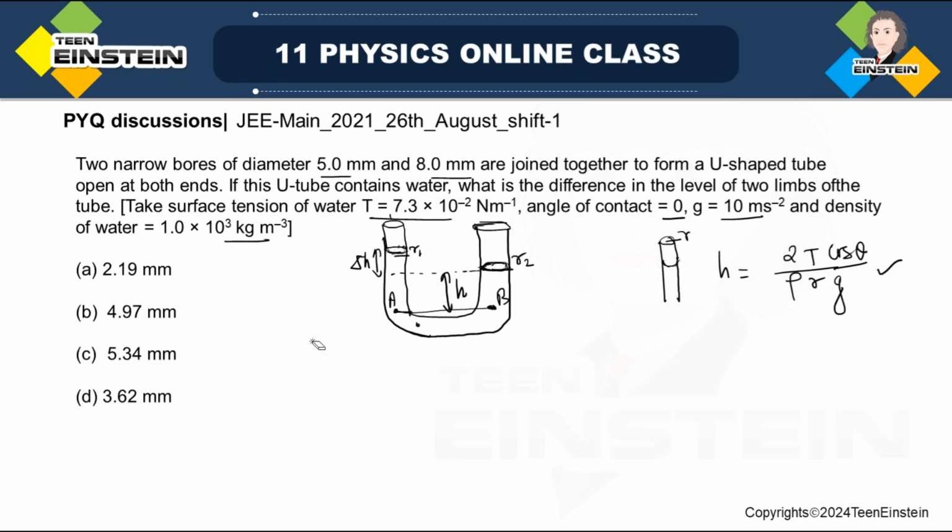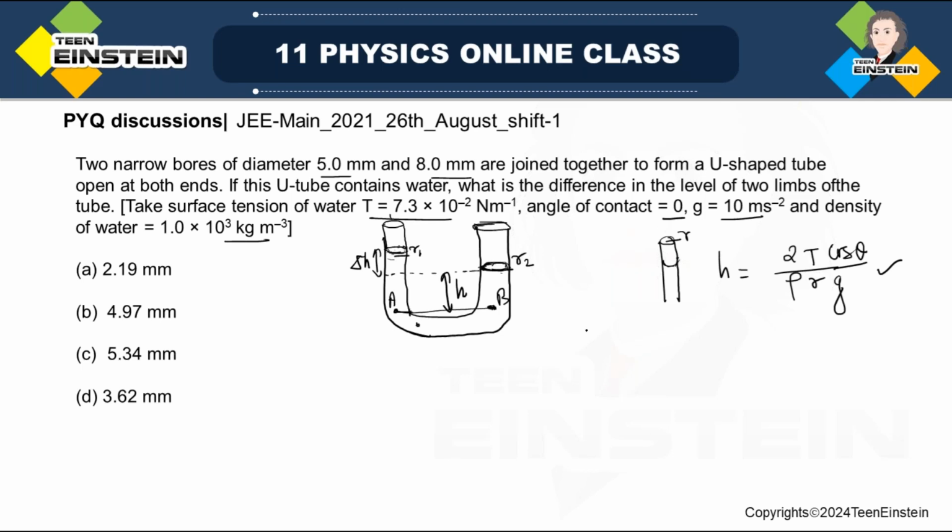But here the pressures will be different. That's why this will be depressed, or the level will be a little lesser than the level in the left arm, the narrower arm. As you can understand, the capillary rise is inversely proportional to the radius.